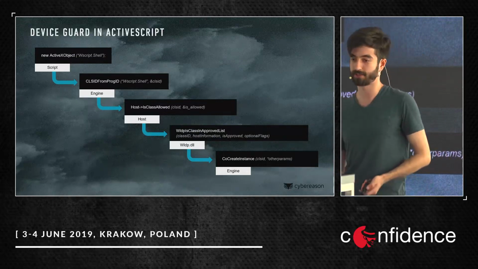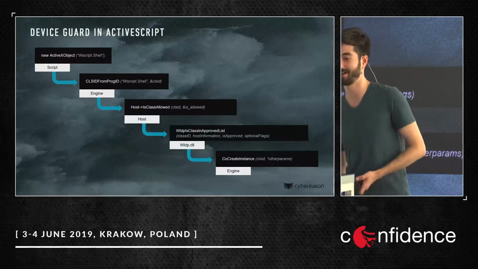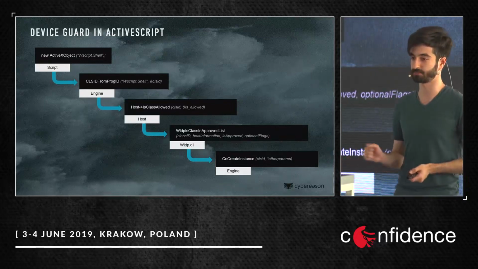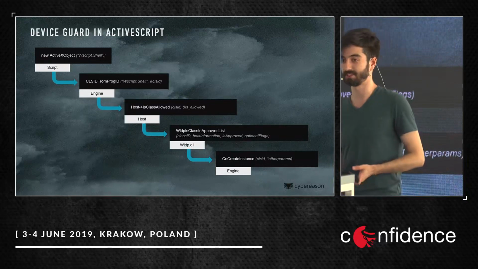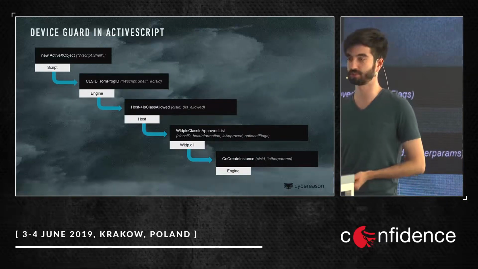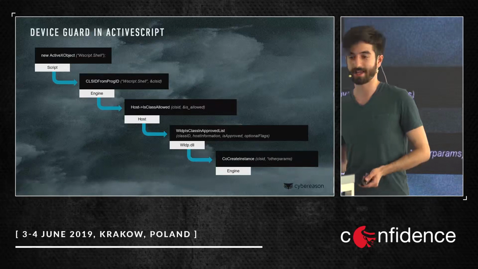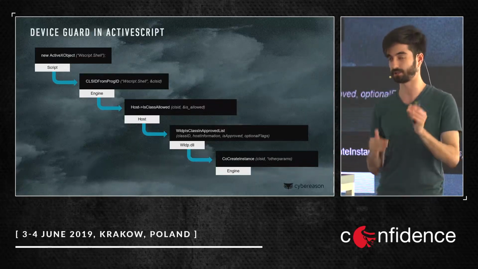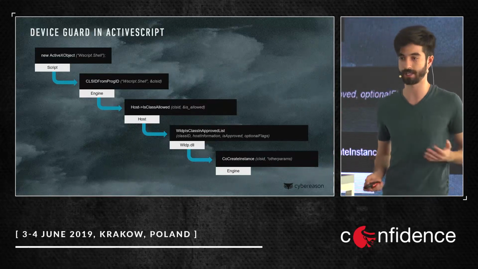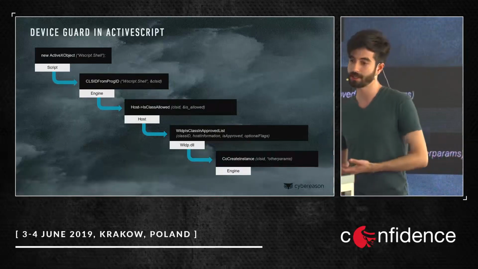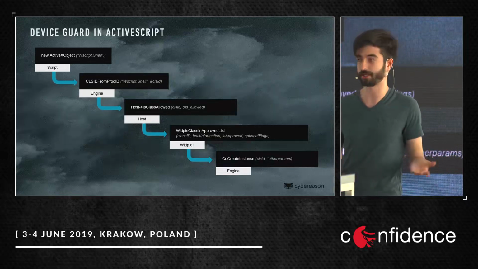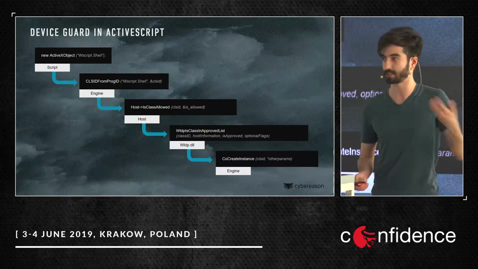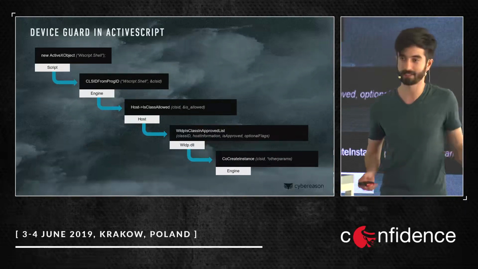Under the hood, this function calls another function called WldpIsClassInApprovedList, implemented in WLDP.dll, which is the user mode implementation of Device Guard. This function basically just checks my class ID GUID against a hard-coded list of what's allowed to run in a non-signed script. If it returns allowed, everything just goes on as usual, and I create the instance of my object. And if it's not allowed, you get an exception, and that's it.